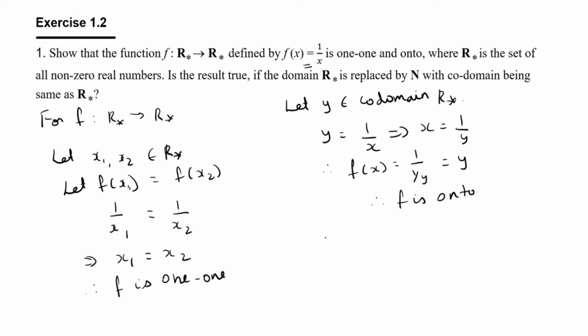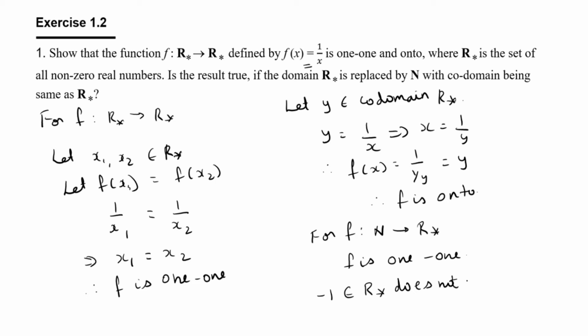So if we take the function f from the set N of natural numbers to the set of non-zero real numbers, we can see that f is 1 to 1, but it is not onto, because if we take the non-zero real number minus 1, it belongs to R star, but it does not have a pre-image.